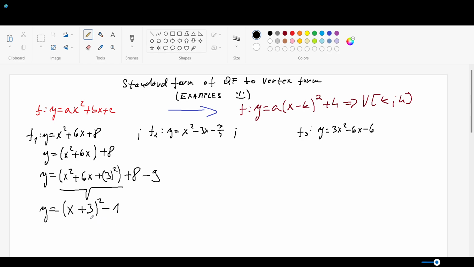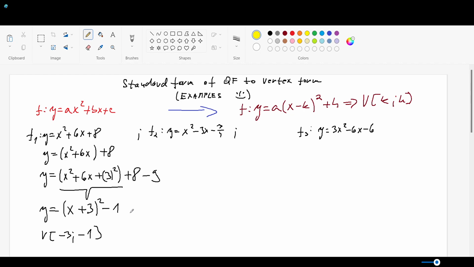From this expression you can very easily read the coordinates of the vertex, and these are negative 3 and negative 1. Some of you may ask how we found negative 3. There are two ways to do it. The first is to realize that the vertex form is given as x minus the parameter k.